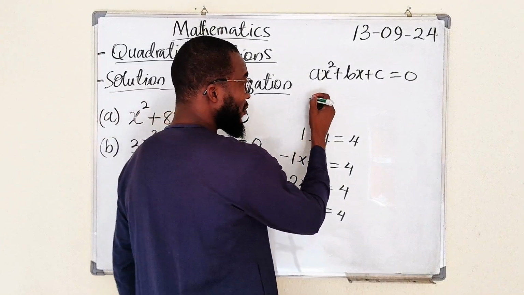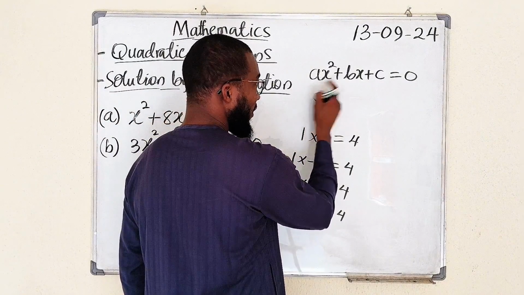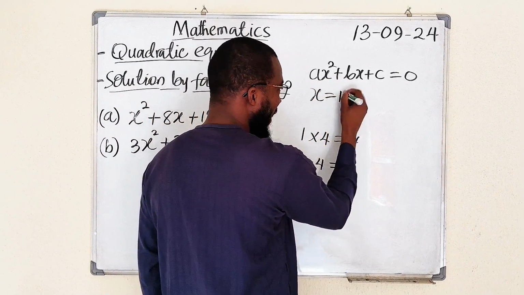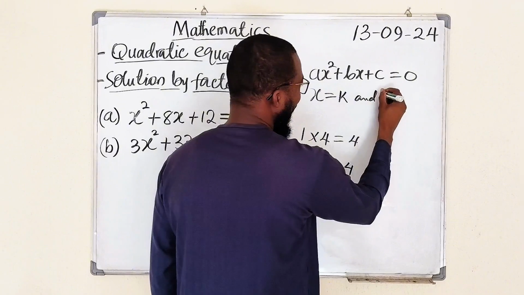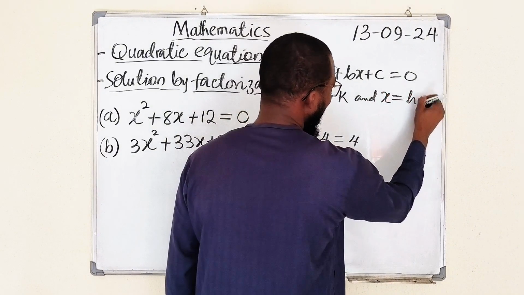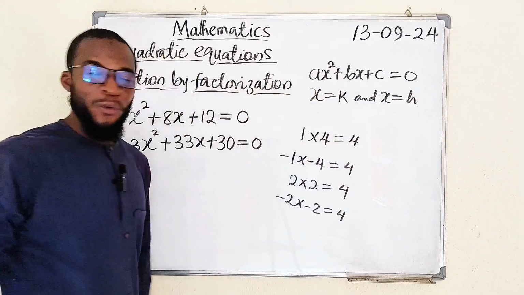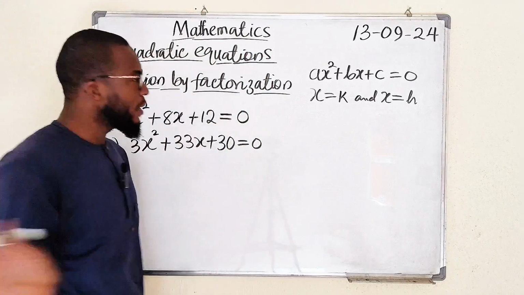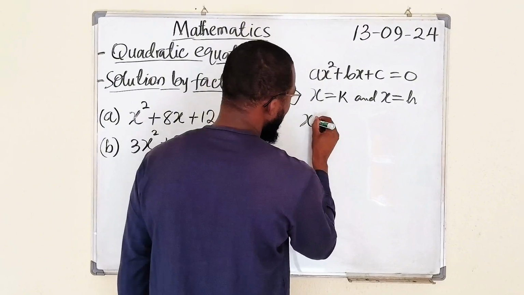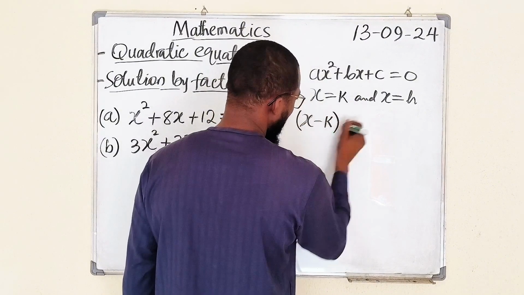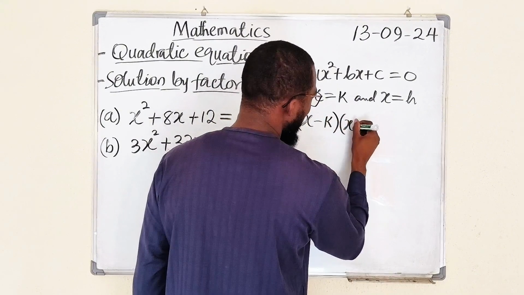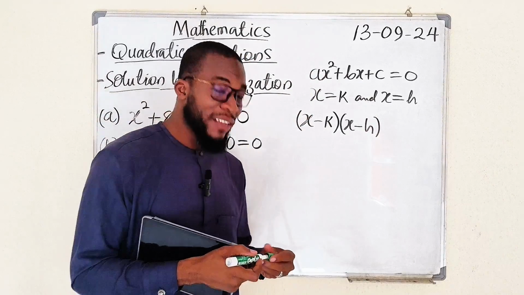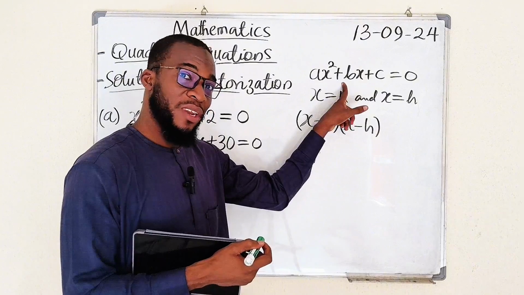For example, let's assume that the roots or the solution to the problem are x equal to k and x equal to h. Therefore, the factors of this quadratic equation will be in the form x minus k multiplied by x minus h, if and only if k and h are said to be the solution to the quadratic equation ax squared plus bx plus c.